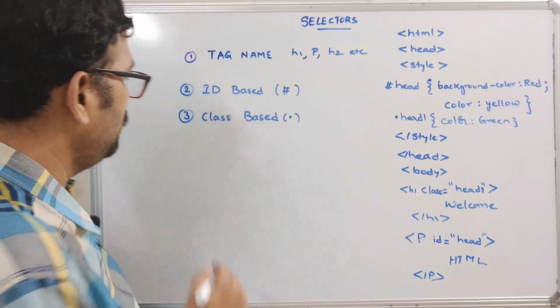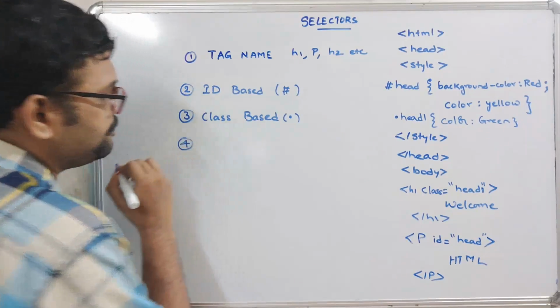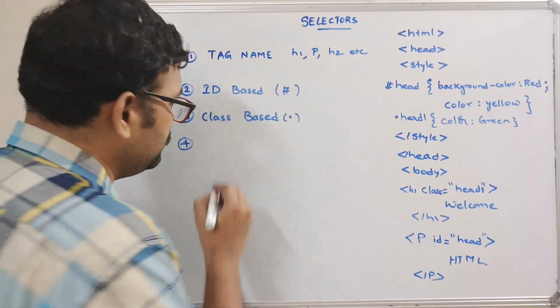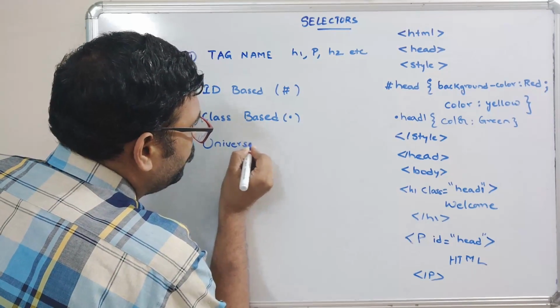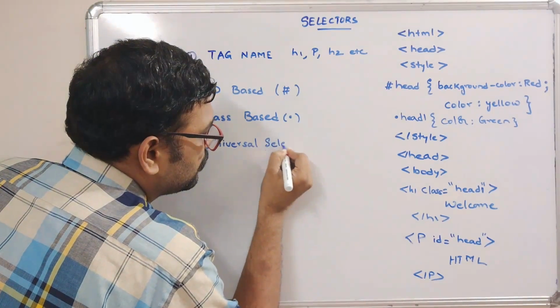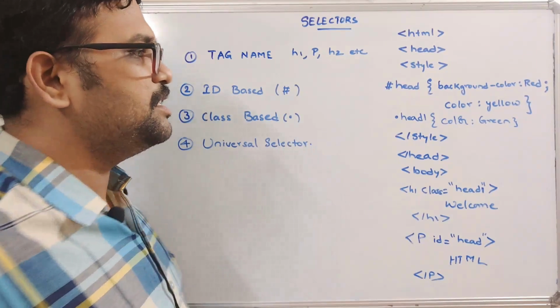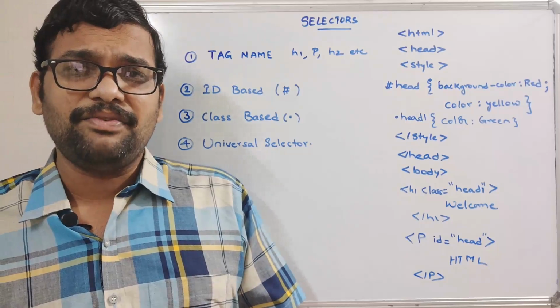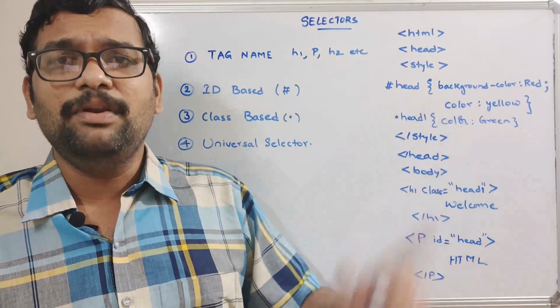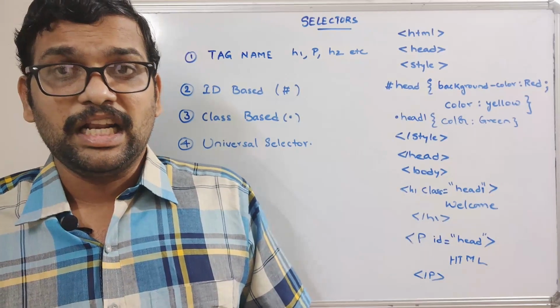And the fourth category is the universal selector. Universal selector means that irrespective of the tag, the style will be applicable for everything.